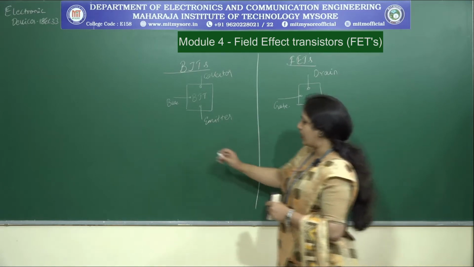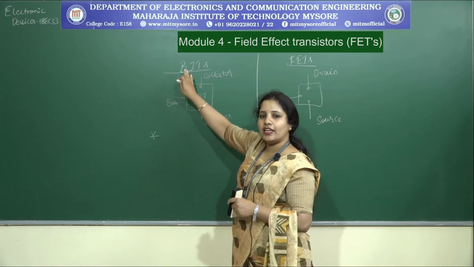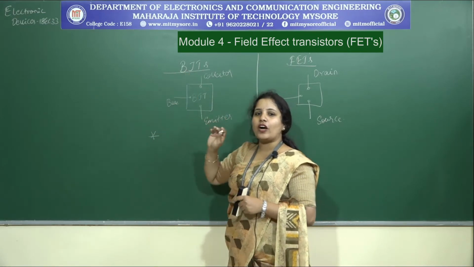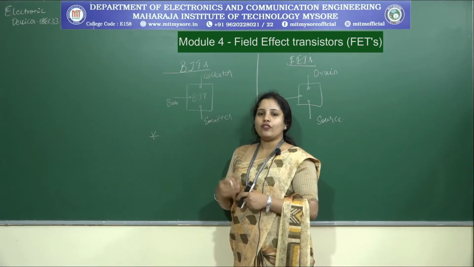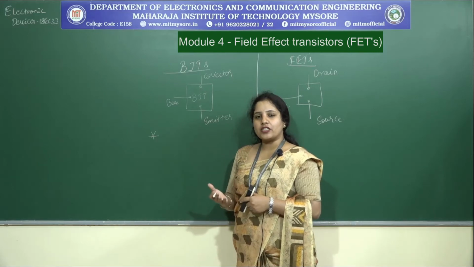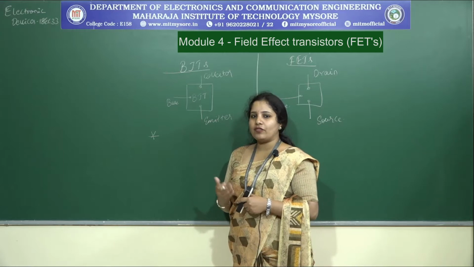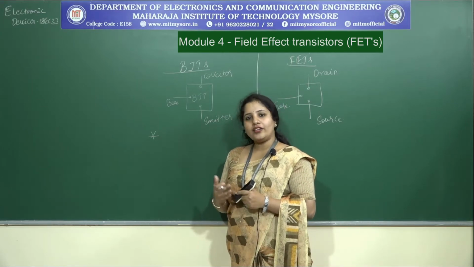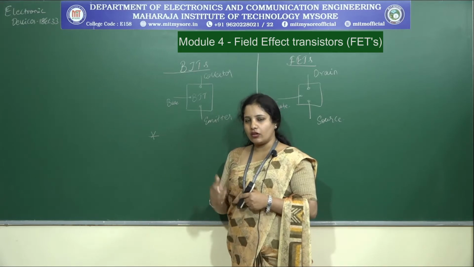Now the second difference that you have to know is, when I consider BJTs, what are the factors that I always refer to? It is all about the currents, right? If I consider IC, that is the output current, it was either expressed in terms of IB as beta into IB, or it was expressed in terms of alpha into IE. So all I try to control is the current, right?